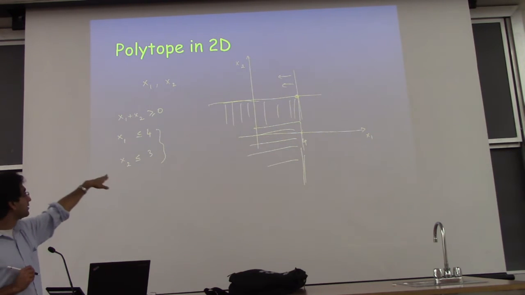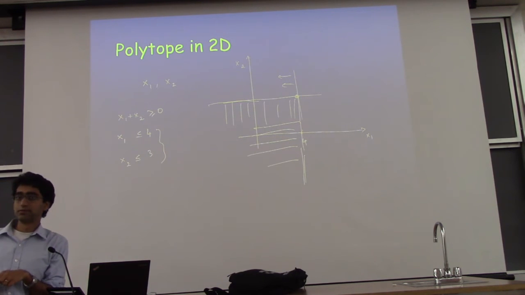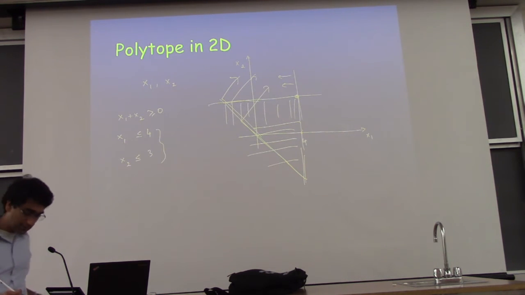Okay. And now you have the third constraint, x1 plus x2 bigger than or equal to 0. How does that look like? Yeah, it goes through the origin and it looks, I guess, at a 45-degree angle. It looks like this. So these 3 constraints just define this big triangle.